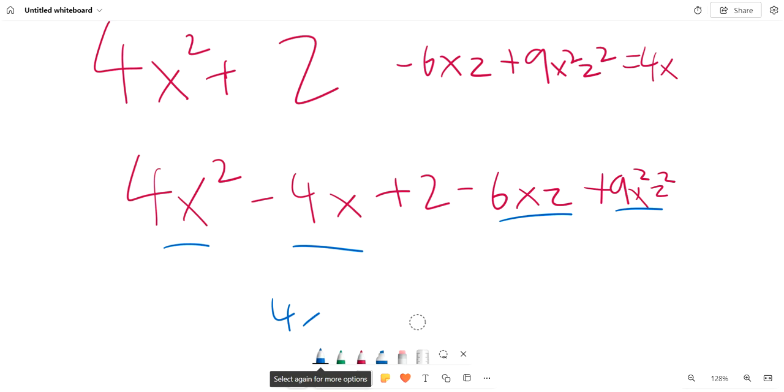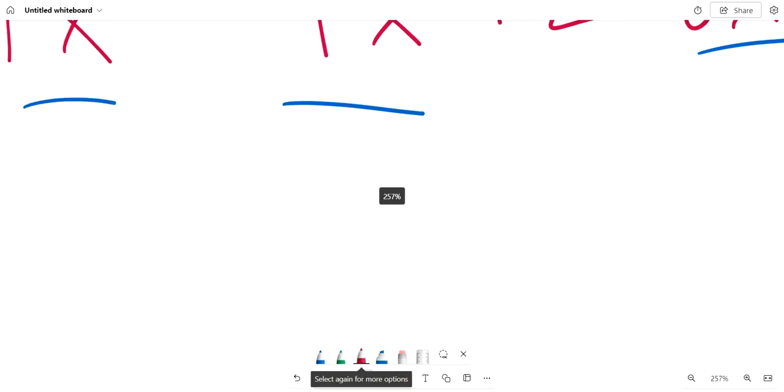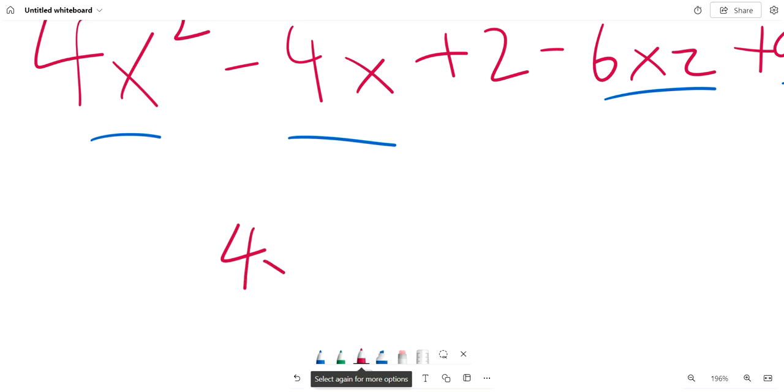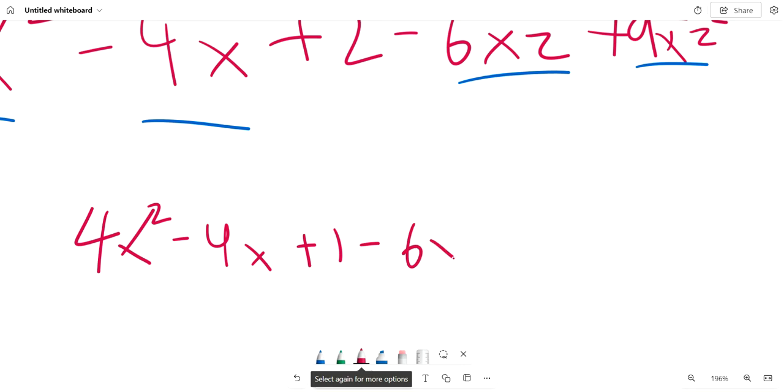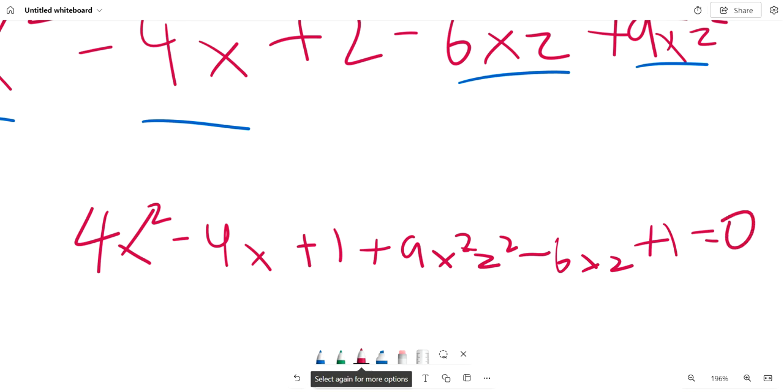So we can erase all this, and we'll split this 2 into two ones. So we'll get 4x squared minus 4x plus 1, plus 9x squared z squared minus 6xz plus 1, and this equals 0.